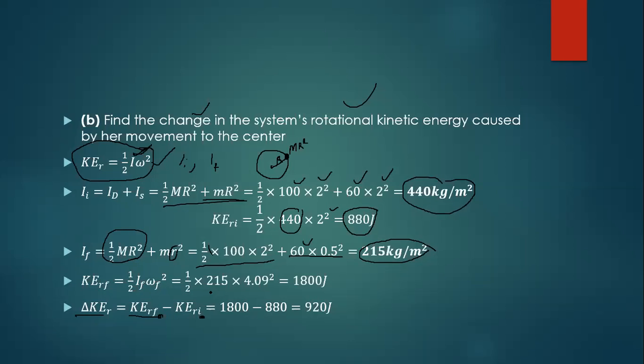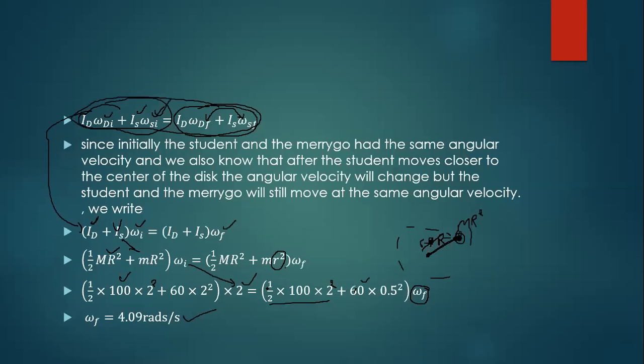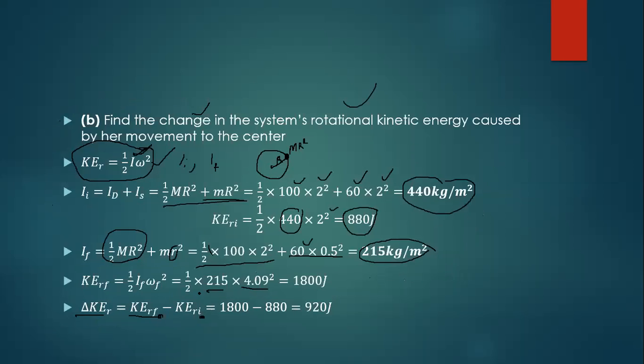So we have found our moment of inertia. We know the angular velocity, as we have just calculated, is 4.09 rad per second. We use it here to find the kinetic energy final.